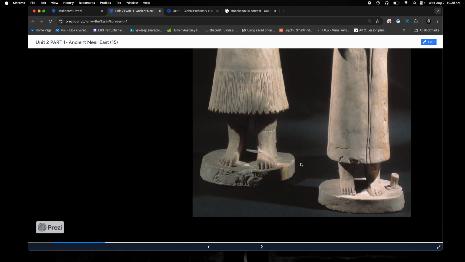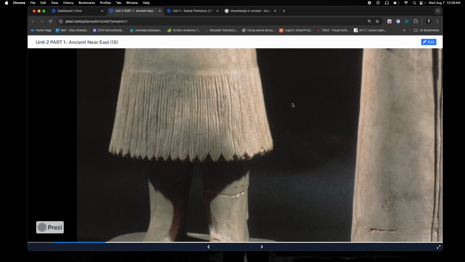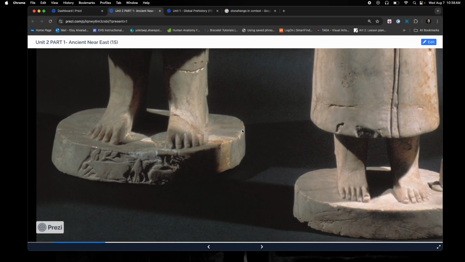Another thing I wanted to point out about their feet, and we're going to see more of this in a more pronounced way. The left foot is more forward than the right. That's an indication of movement, that these could have some sort of living essence. It's just an expression of movement.